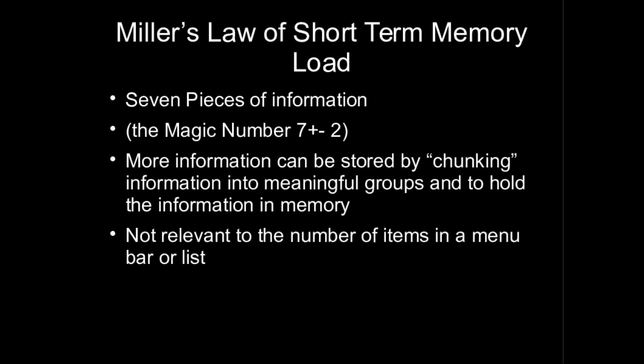By the way, this magic number 7 plus or minus 2 is not relevant to the number of items in the menu bar or the list. So the user doesn't have to remember all the menu items, right? Therefore, Miller's law is not limiting the number of items in the menu bar. Usually this will be the confusion, but I just wanted to make sure that that is not relevant.